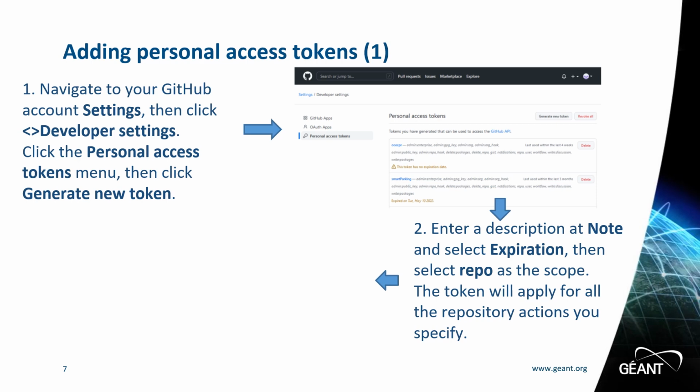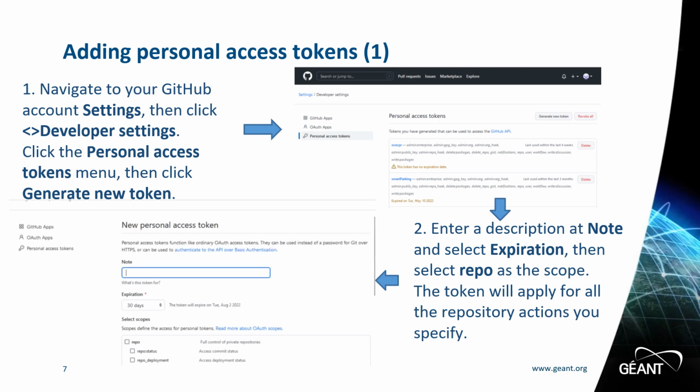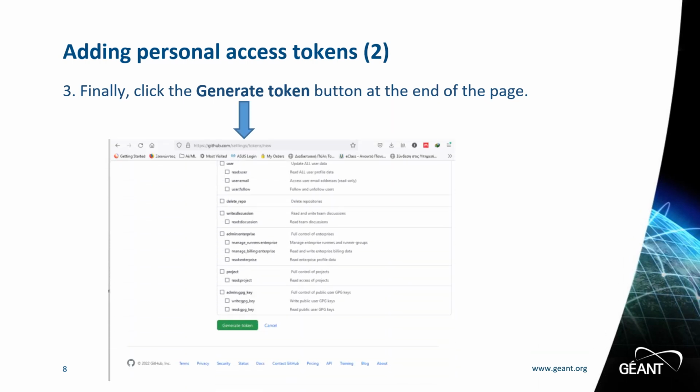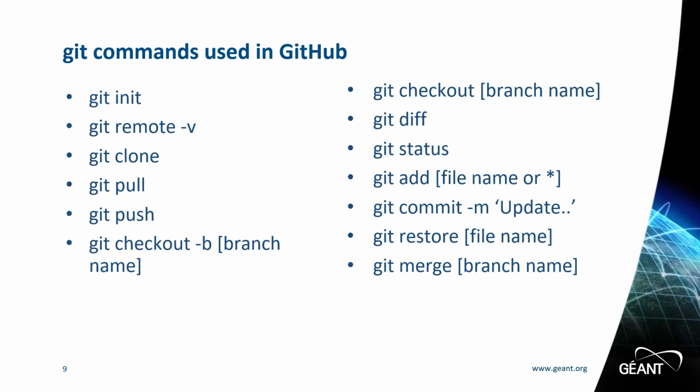Next, select repo as the scope. The generated token will be valid for all the specific repository operations. The last step is to click the Generate Token button at the end of the page. GitHub will display the personal access token only once. Ensure that you copy the token and store it in a safe place.